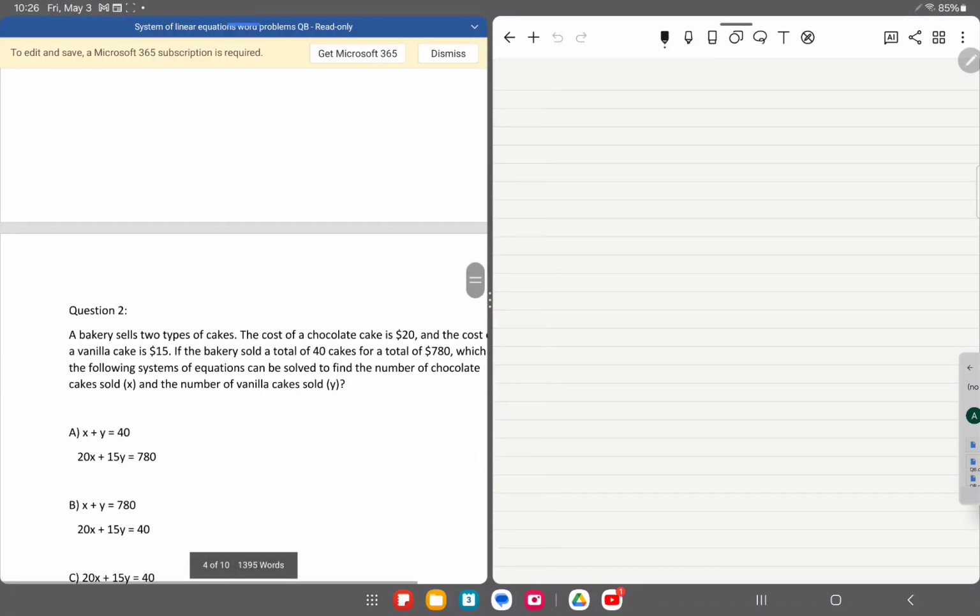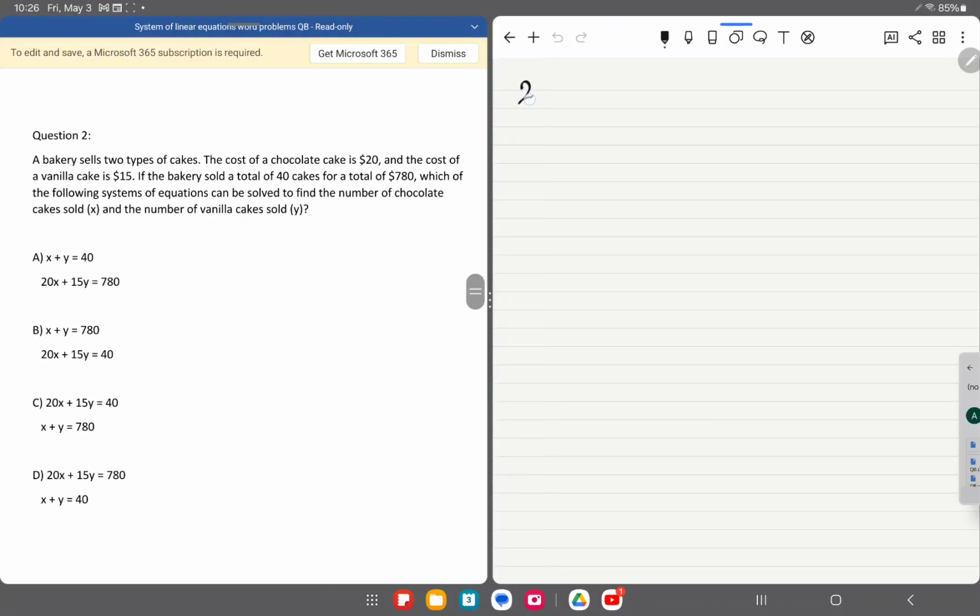So let's go to question 2. A baker sells 2 types of cakes. The cost of a chocolate cake is $20. And the cost of a vanilla cake is $15. Now, if the bakery sold a total of 40 cakes, same logic, 40 cakes, $780.